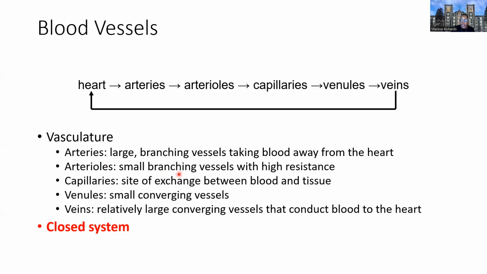I also want to point out the high resistance in arterioles. Because of that thicker muscular wall, there's a lot of resistance at the level of the arterioles as blood leaving the heart, leaving the large arteries, meets the smaller lumen. It hits a lot of resistance, almost like a wall, because of the smaller size of the arterioles and the smooth muscle in their walls.